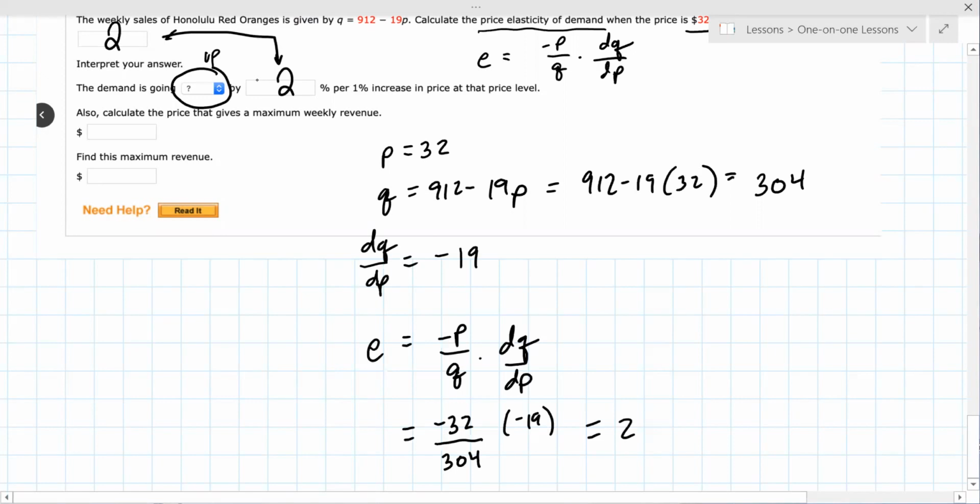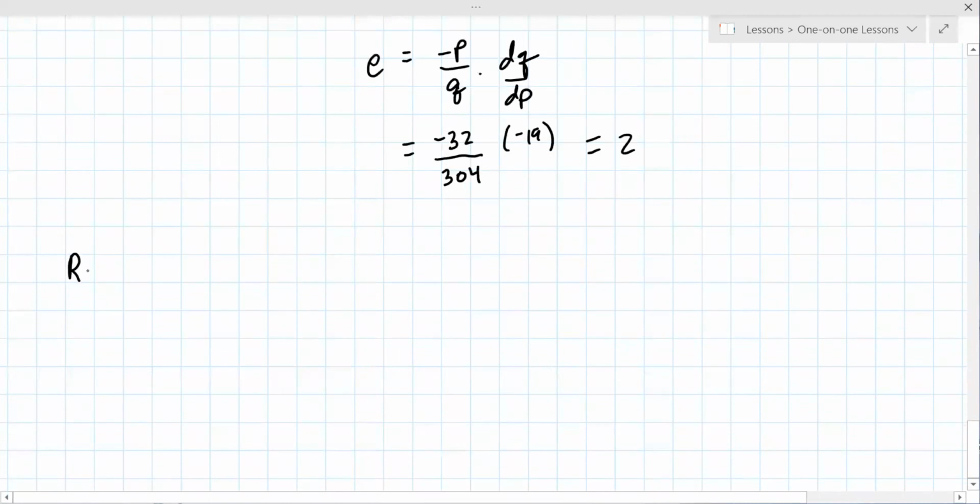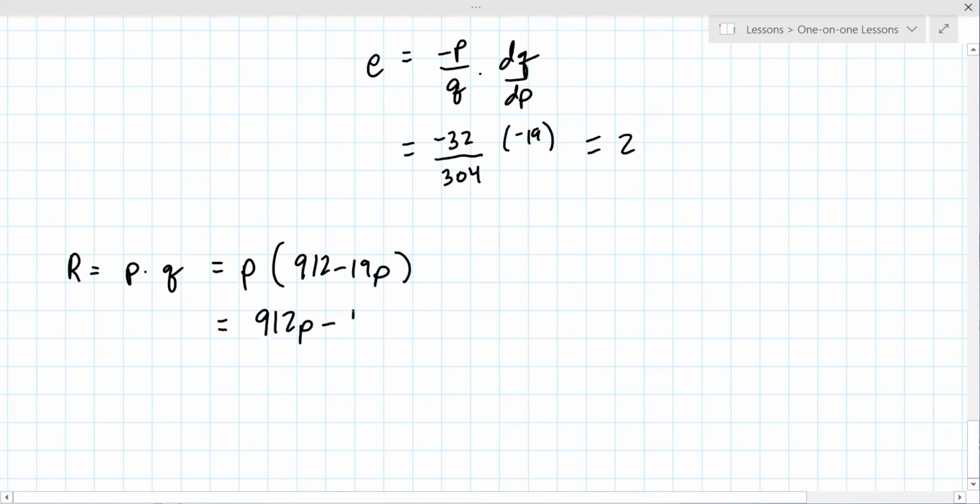Okay, now next one is max revenue. Revenue is price times quantity. Your price is your variable. Your quantity is 912 minus 19P. That's your Q. So when you distribute that P, that's 912P minus 19P squared.